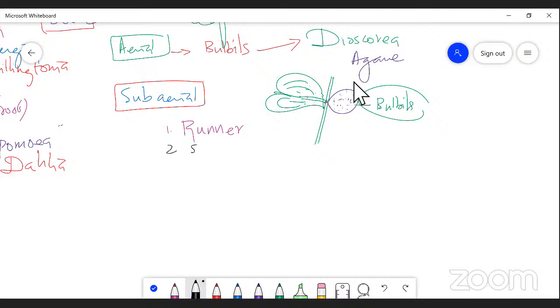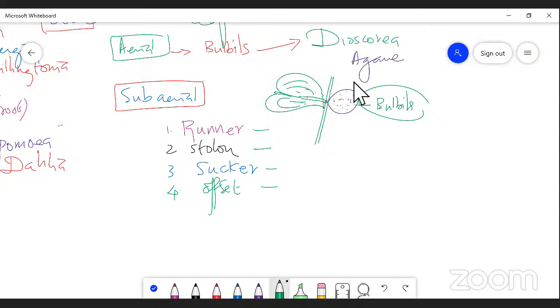The second category is stolon, the third is sucker, and the fourth and last one is offset.